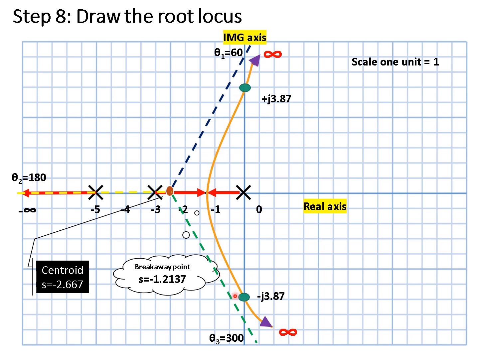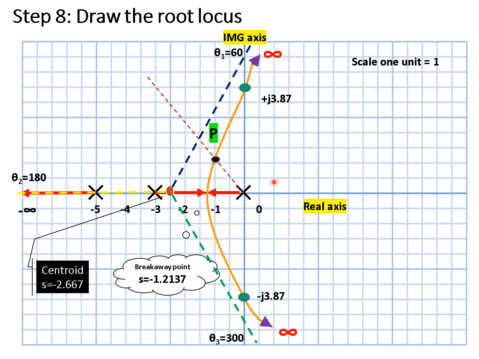Now this line we are drawing in this fashion. Why? Because this is with respect to the asymptotes. So it should be in the same parallel lines with respect to 60 degrees. Again, on the downside it should be parallel with respect to 300 degrees, and it should move along the imaginary axis at +j3.87, and again -j3.87.